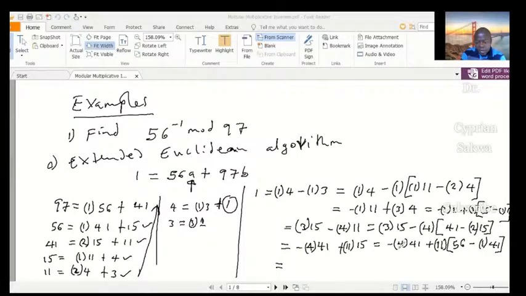What do we get? Let's begin with 11 times 56. And then this 11 times this negative 1 will be negative 11. Negative 11 plus negative 4 will be negative 15 multiplied by 41. Then what about 41? 41 is 97 minus 1 times 56.